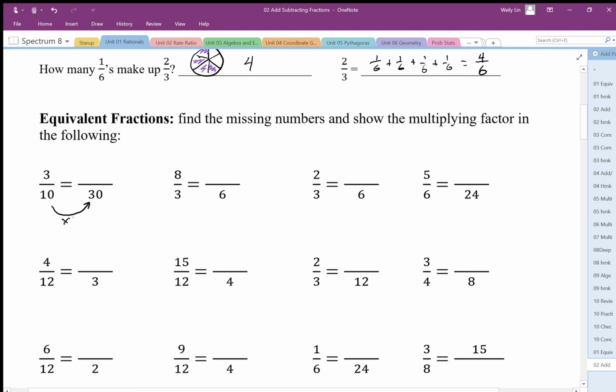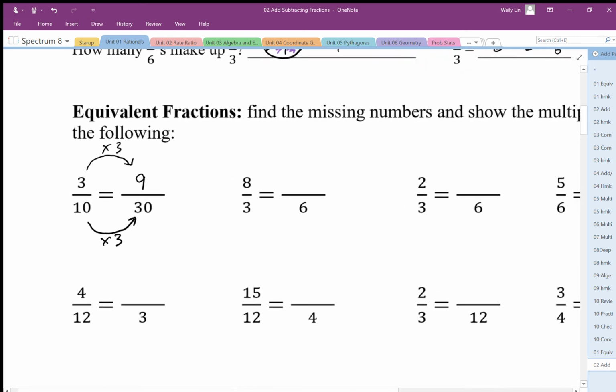So my multiplier must be times 3. And if I do times 3 to the bottom, going from left to right, I have to do times 3 to the top, going from left to right. So then I get an equivalent fraction of 9 over 30. What's really important, I'm just going to highlight it, is you need to show me these multipliers. You also need to show me the direction that you're multiplying.